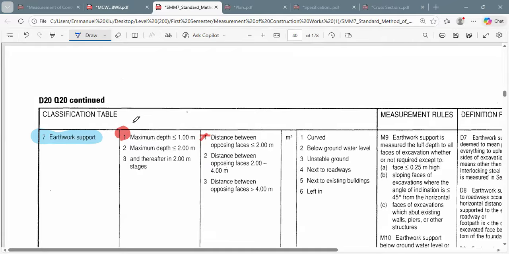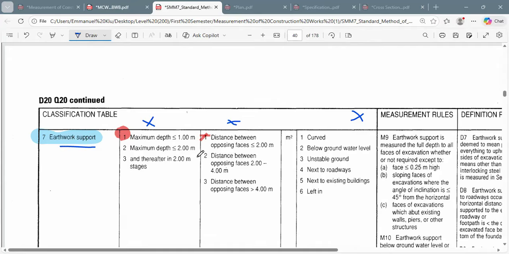In the first column, what can you see? This is the first column, this is the second, and it continues. So this is earthwork support. The first one, we have to say that maximum depth should be less or equal to what? 1 meter.